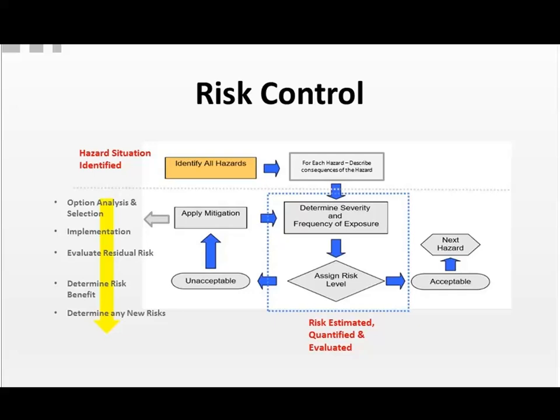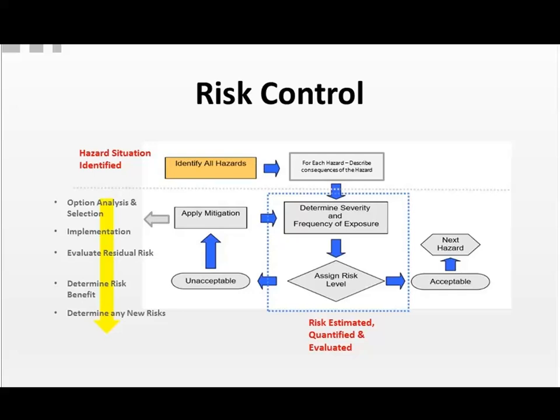Now, this is a brief, very simplified flow chart that I've created to show the process. You identify all your hazards. For each of those hazards, you describe the consequences, and then you get into that risk estimation and quantification process where it's evaluated. You determine the severity and frequency of exposure.